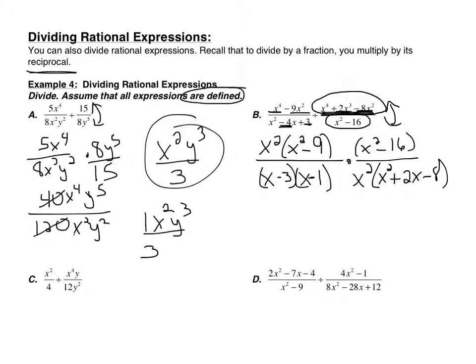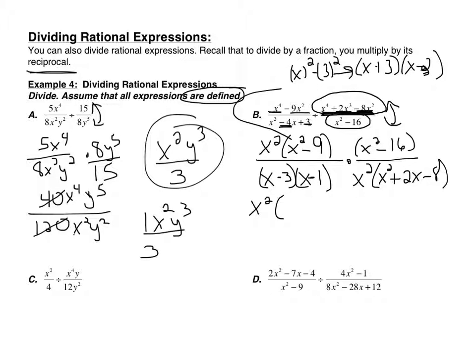And then let's continue to factor. So we have x squared times, and in our last page, we had x squared minus 3 squared, because 3 squared is 9, and that made x plus 3 and x minus 3, because that was a difference of squares, so this is x plus 3, x minus 3 on top, times, and x squared minus 16 is x squared minus 4 squared.